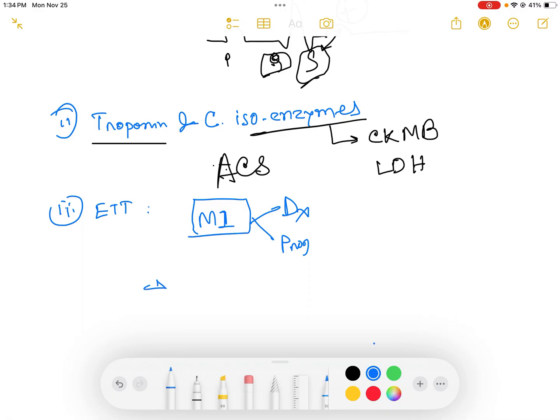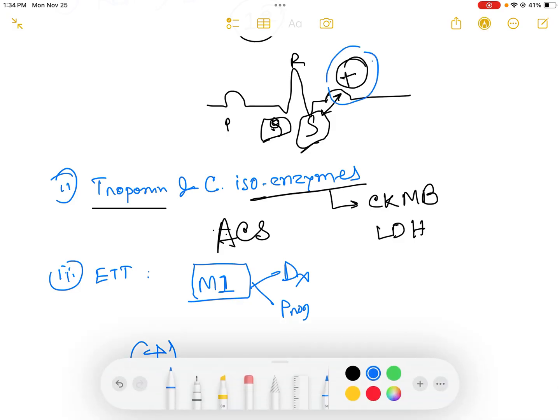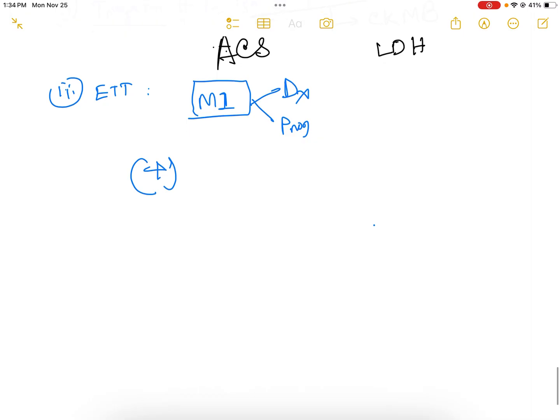A positive test with evidence of ischemia on ECG, that means ST depression of less than or equal to 2 millimeters, does not always indicate ischemic heart disease, and a negative test does not always exclude its presence.